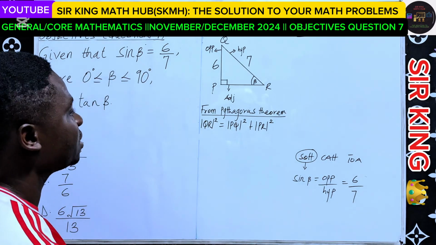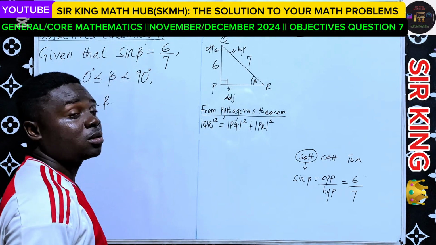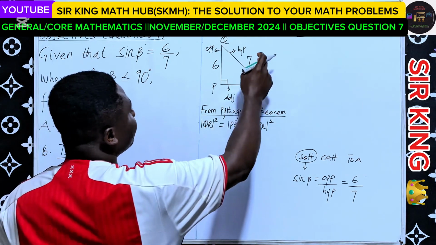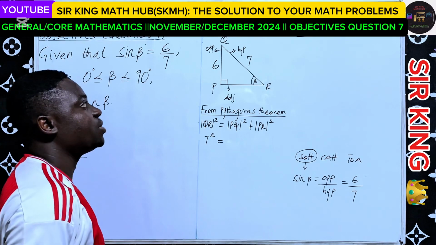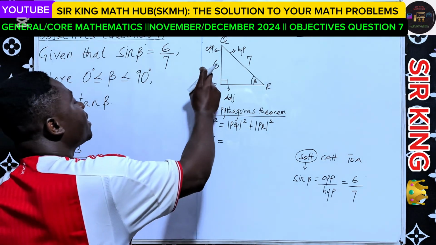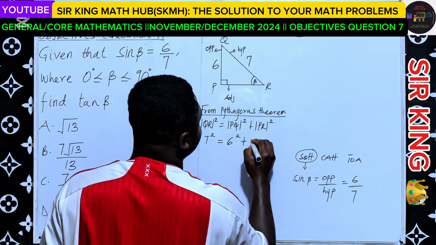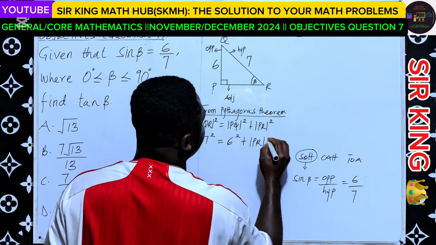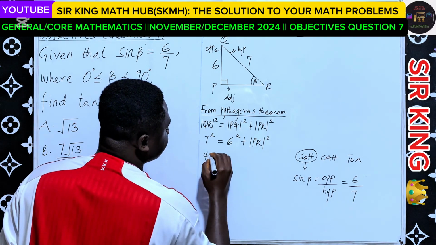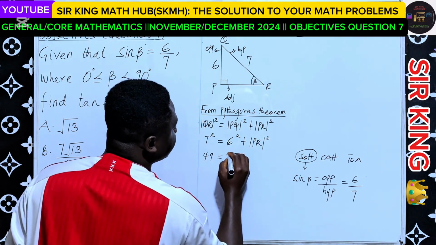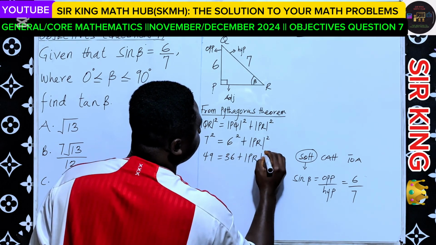So let's do our substitution. Line QR is the hypotenuse with numerical value 7, so we have 7 squared. Line PQ is 6, so 6 squared plus PR all squared. 7 squared is 49, 6 squared is 36, plus PR squared.